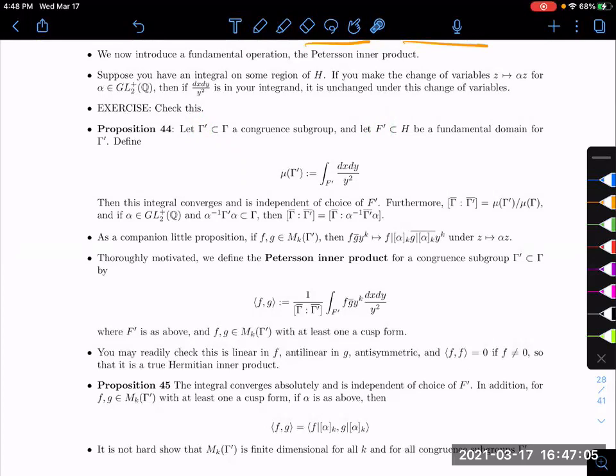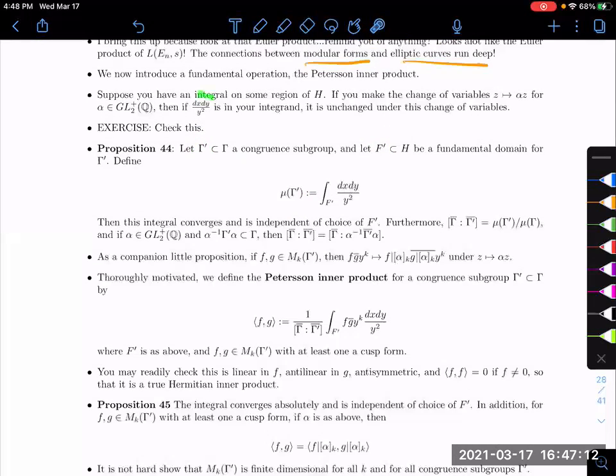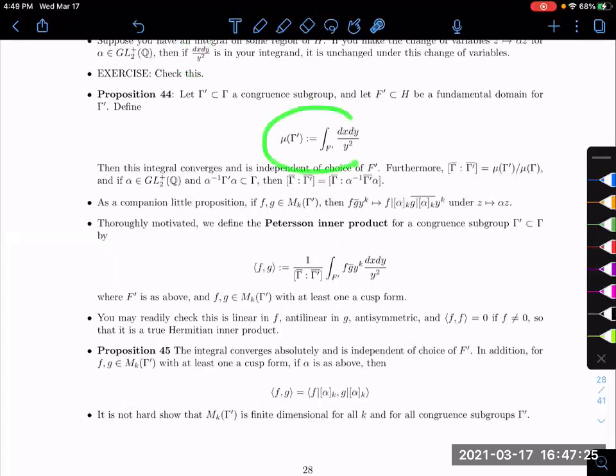What you can do is define the mu of this congruence subgroup to be, you're just going to abuse this fact up here, you're just going to integrate over the fundamental domain dx dy over y squared, which leaves integrals unchanged under this change of variables. And it turns out this integral always converges.